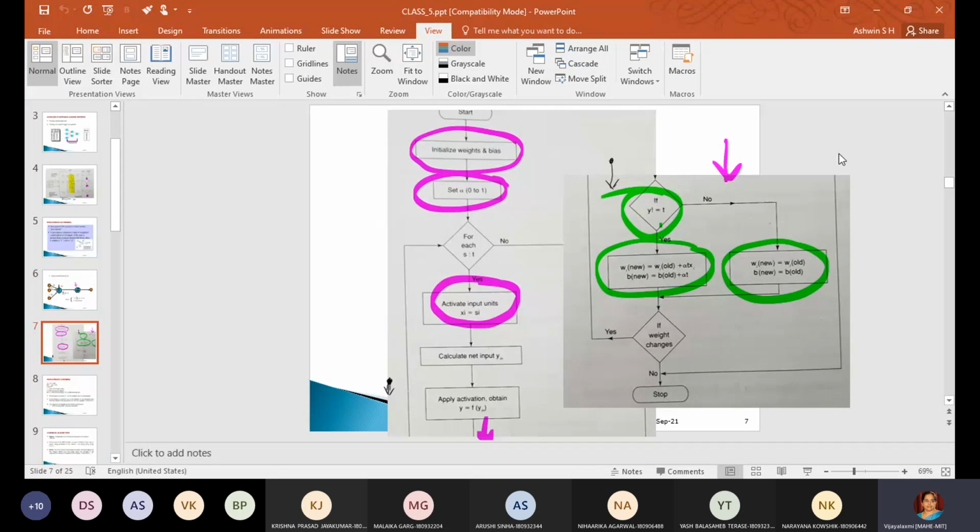So this is the flow chart. If I simply explain the flow chart, I think I had just revised it in my last class. You will not understand. Rather, I'll take up one or two problems today and tell you how to train the perceptron neural network model. Then only it will be clear. If required, I'll come back to this flow chart later.